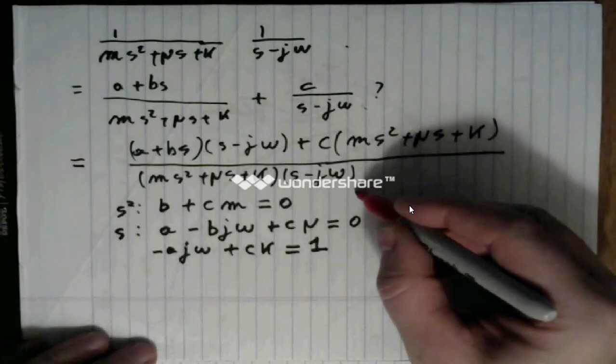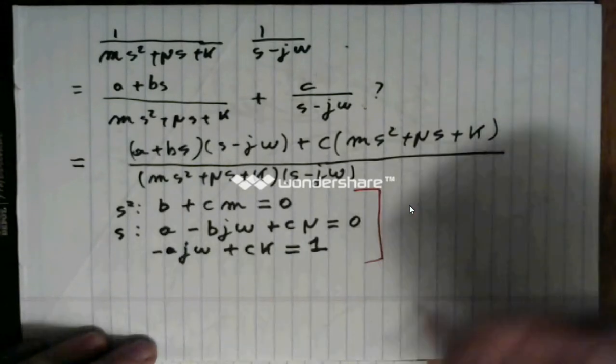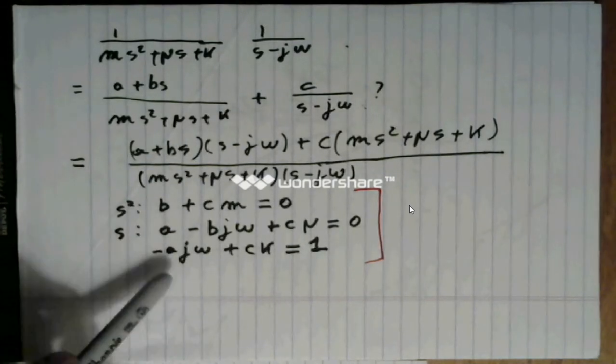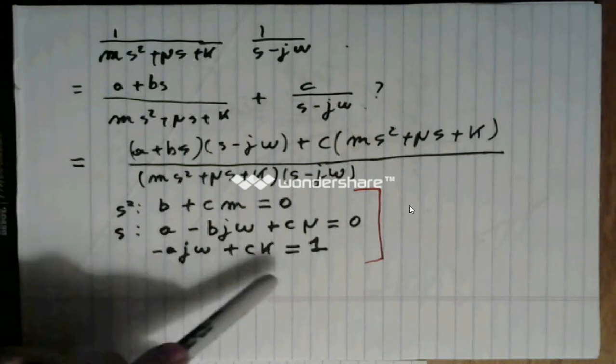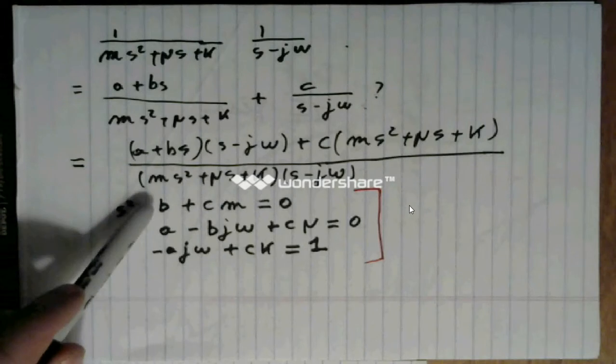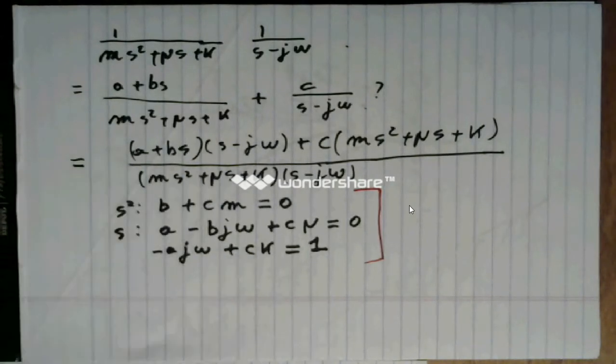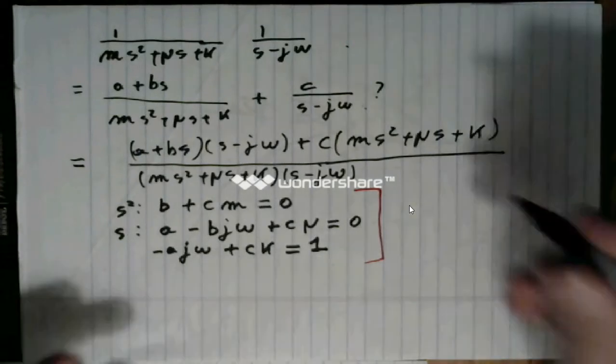Now, when we do this partial fraction expansion, we see that it is easy to replace a by its value as a function of c, b by its value as a function of c, and then plug them in the middle equation.